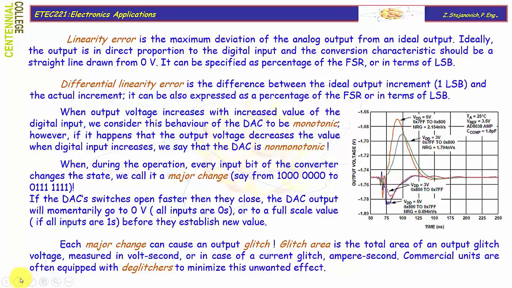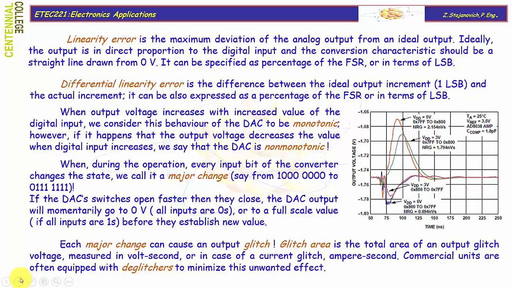Linearity errors can be specified as a percentage of the full scale range or in terms of the least significant bit. Differential linearity error is the difference between the ideal output increment, which is equal to one least significant bit, and the actual increment. It can also be expressed as a percentage of the full scale range or in terms of a least significant bit.